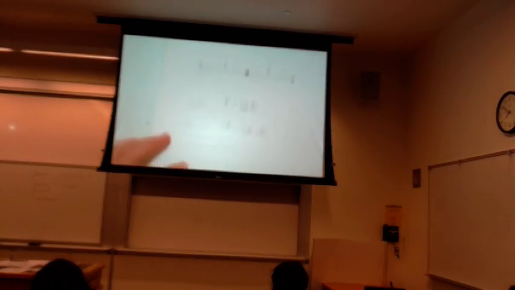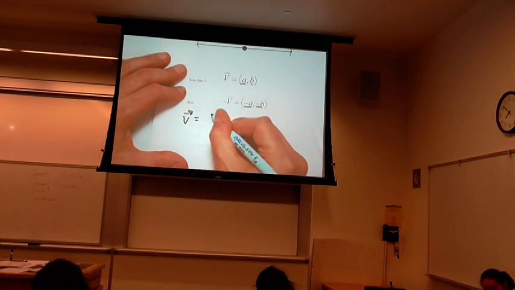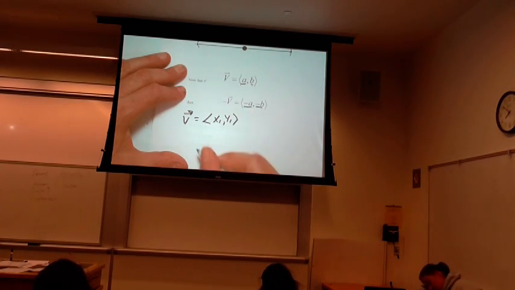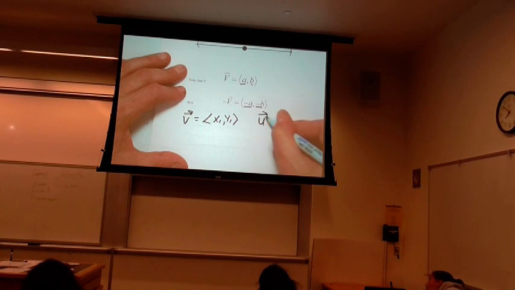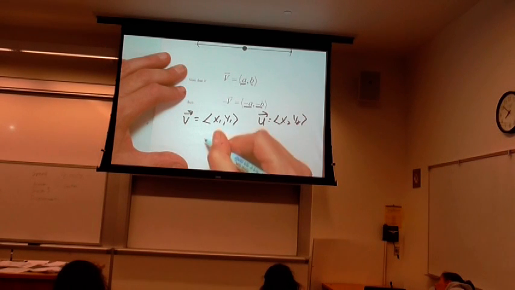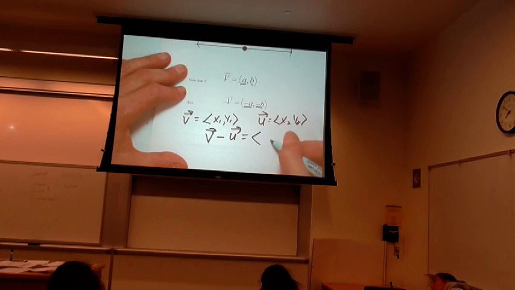Okay, so let me make up something here. If I have a vector v, which is x1, y1, and I have a vector u, which is x2, y2, then vector v minus vector u is just x1 minus x2, y1 minus y2.